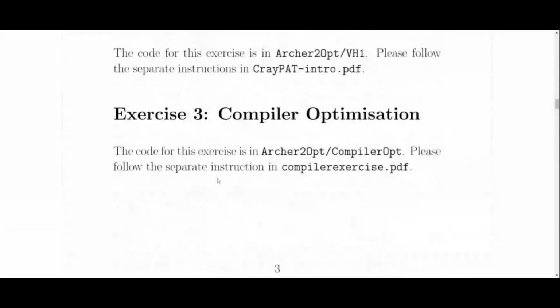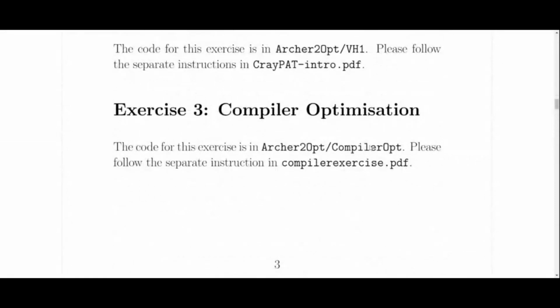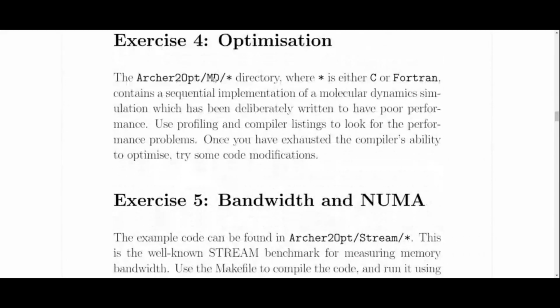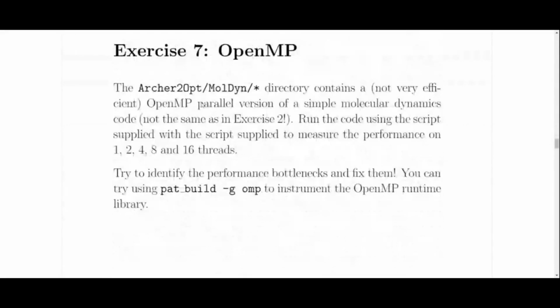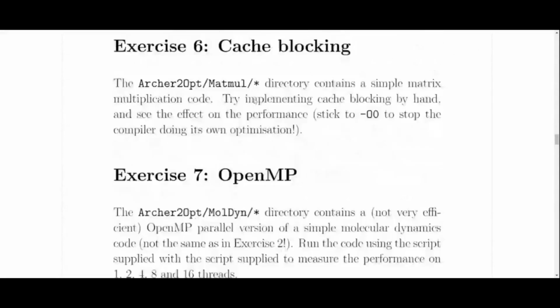Now, there's a number of different things we can do here. There's the compiler optimization exercises that we didn't get round to yesterday. This is the more interesting one to me, or the more useful one, this optimization exercise, which is a code very similar to the molecular dynamics one that you did in OpenMP.